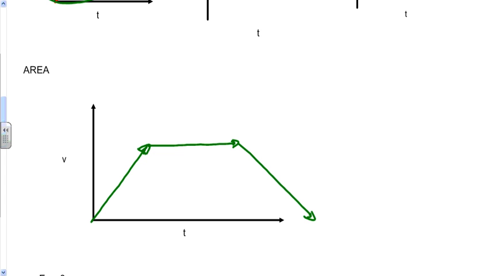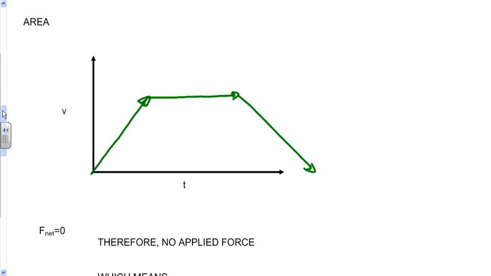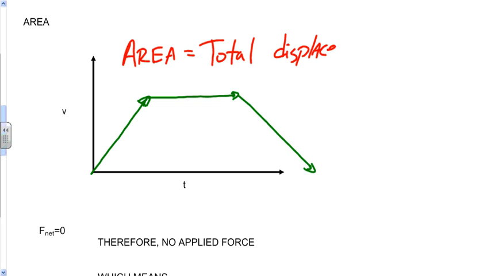So what I want to do is analyze maybe what his total displacement was in that entire time. Well, the area under the velocity versus time curve equals the total displacement. So what I can do is find the area under this shape.